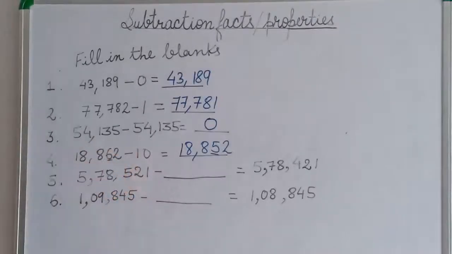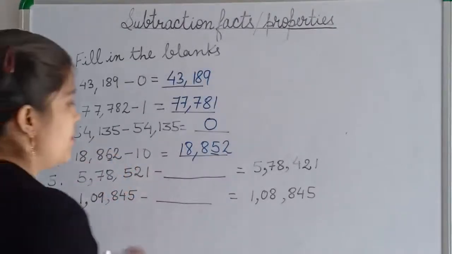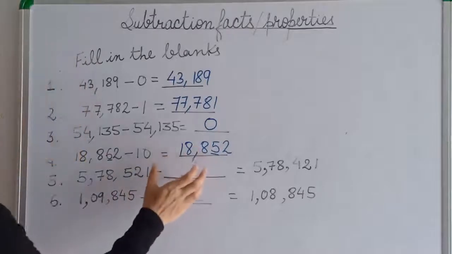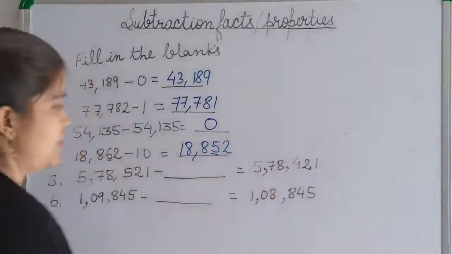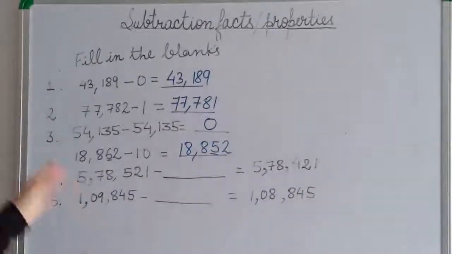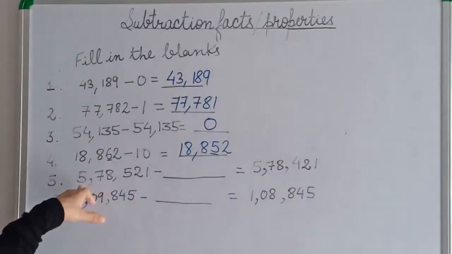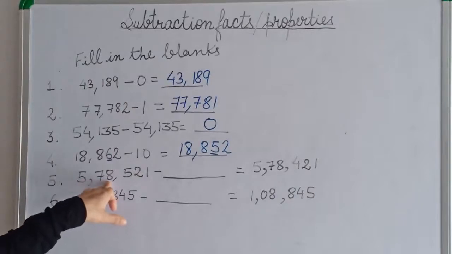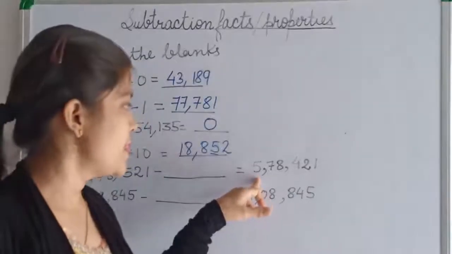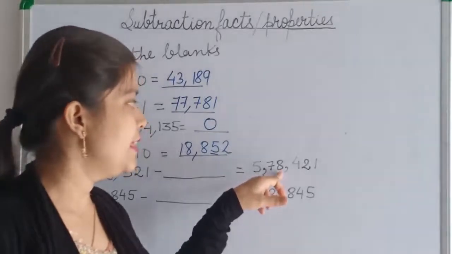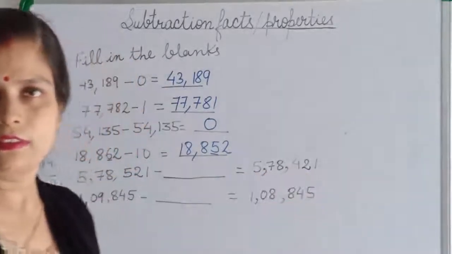Now in this one, it is not given what we have to subtract. Only the answer is given. So you can see here the number 5,78,521, and after subtraction we get 5,78,421.